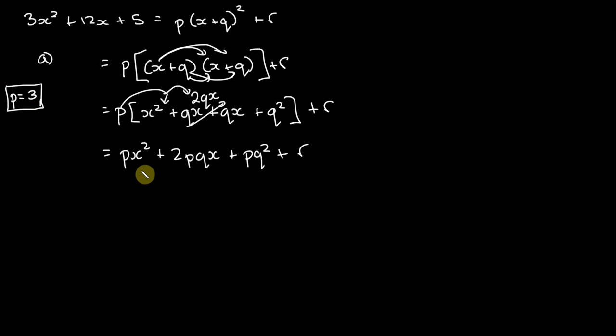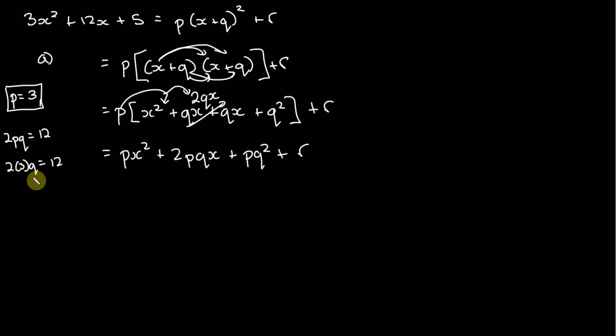Now for q, 2 times p times q is going to equal 12. We already know the value for p, and that will help us find the value for q, because we can rewrite this as 2 times 3 times q equals 12.